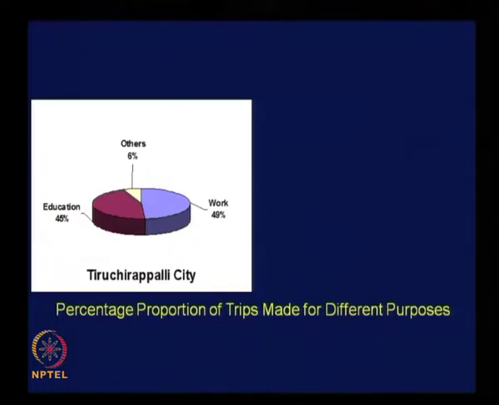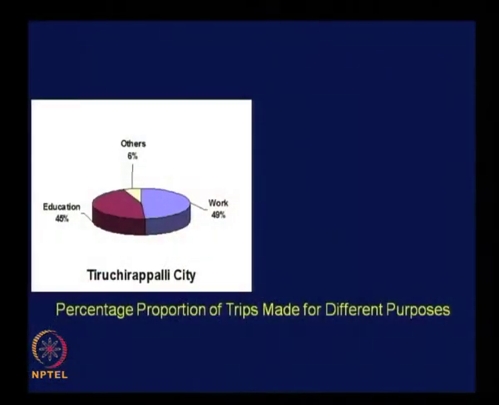Later on I will show you the map of the city when we discuss other aspects on the transportation system planning in general. So the economy is agro based, so a lot of agricultural operation is going on. That is why most of the trips are related to low income group or middle income group of travelers.